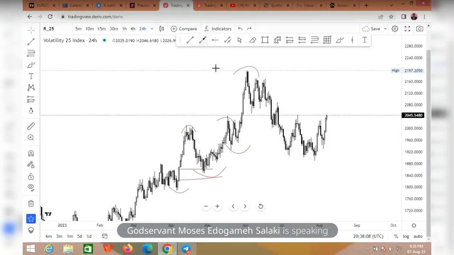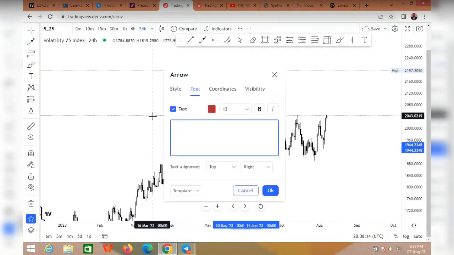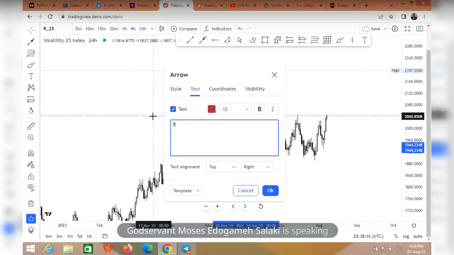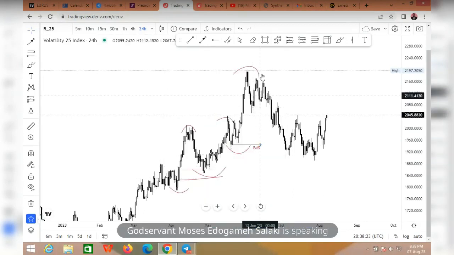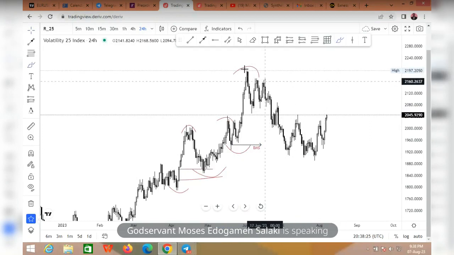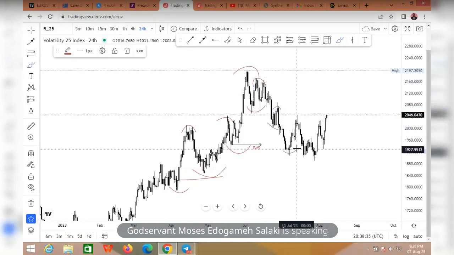However, when price was coming down, price began to give us some structure. In this bearish leg, price gave a lower high, a lower low, lower high, lower low, lower high, lower low.